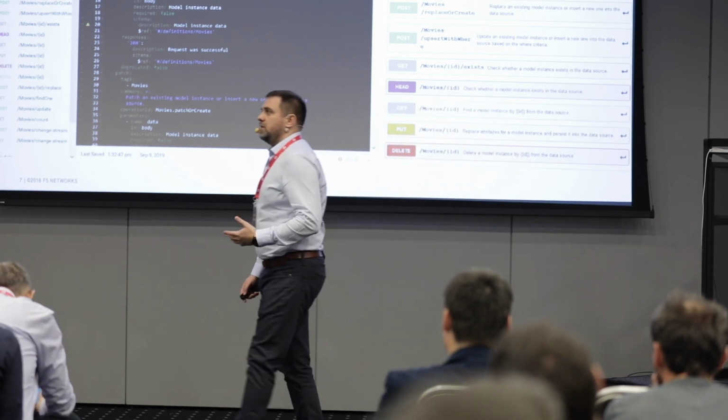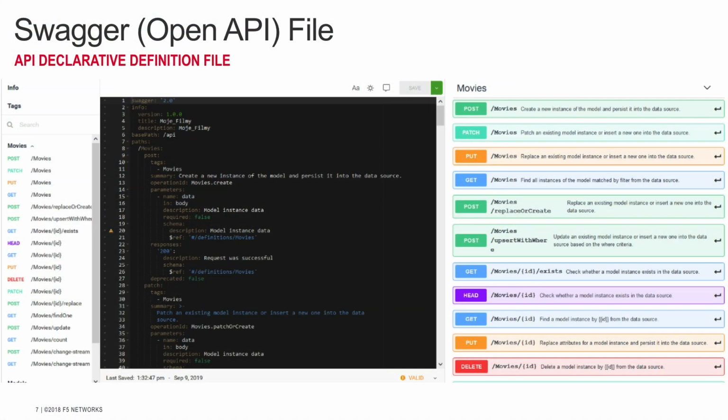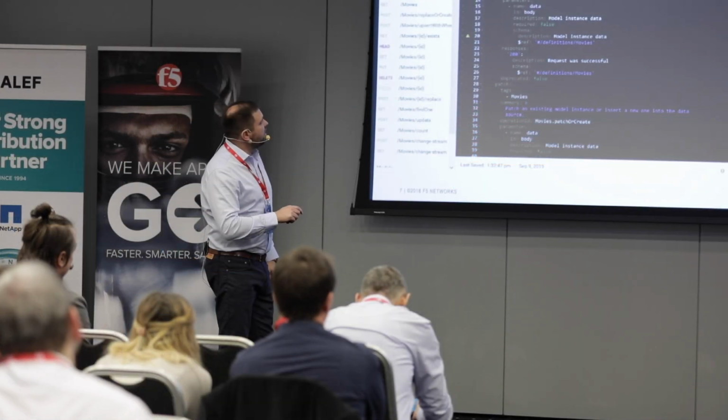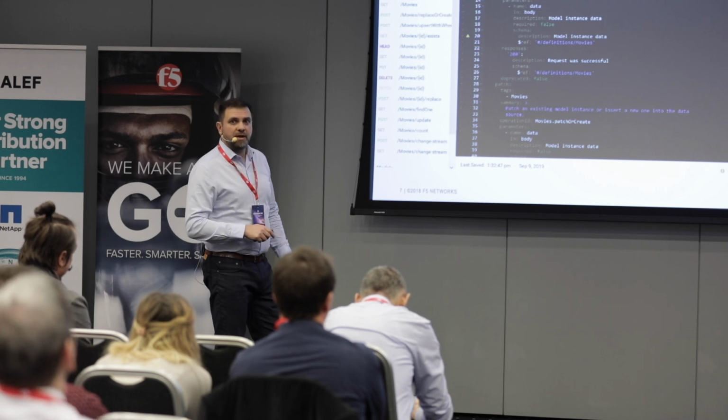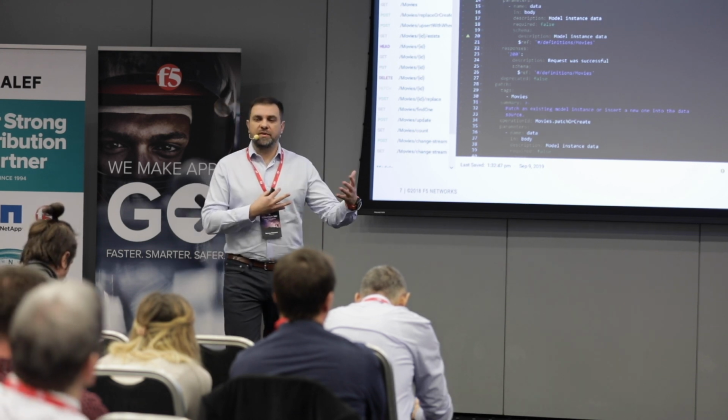And you can ask me, okay, so how do you know which commands and which URLs you can use in your API calls? Actually, there is a Swagger or OpenAPI file. You don't have to remember all the things here right now, but the beauty of the Swagger file is that this is a declarative definition of the API.